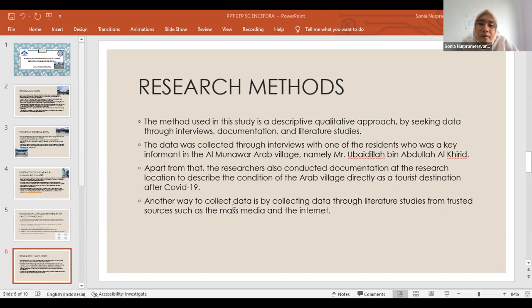Apart from the interview, I also conducted documentation at the research location to describe the condition of the Arab village directly as a tourist destination after COVID-19. Another way I collected data was through literature studies from trusted sources such as the mass media and the internet.